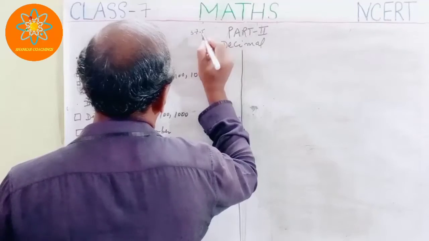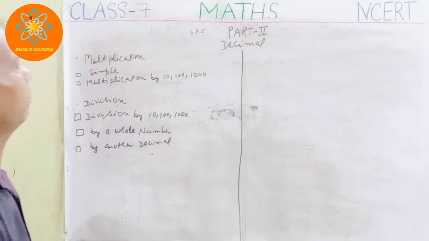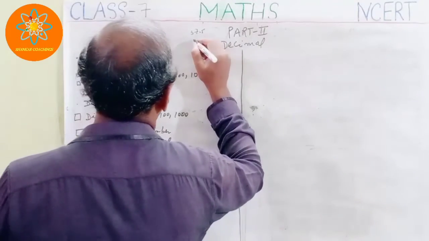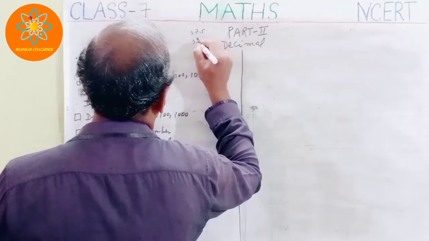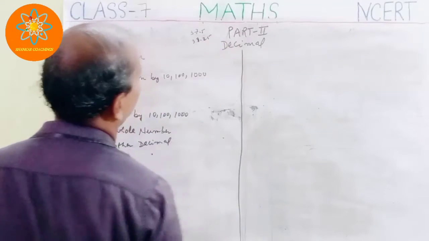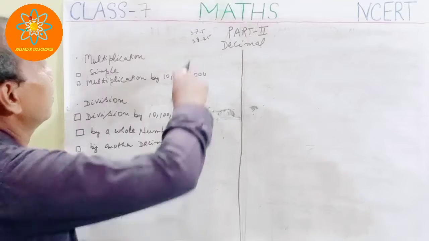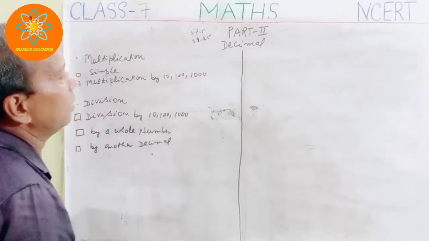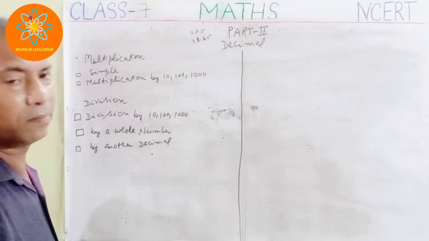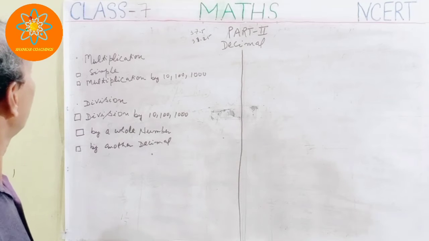So this is the decimal notation, 37.5, or I can write 38.25. So the representation in this way is called the decimal representation.